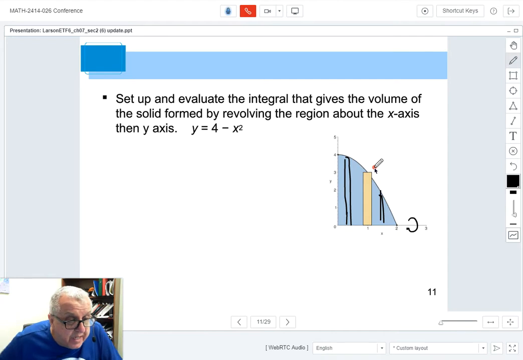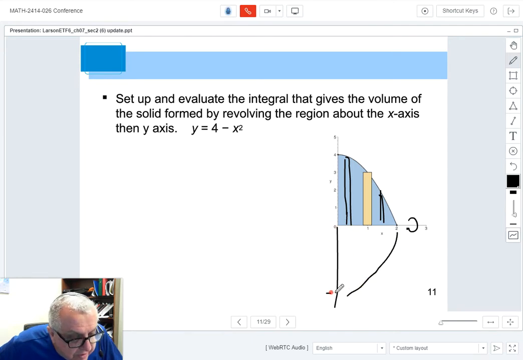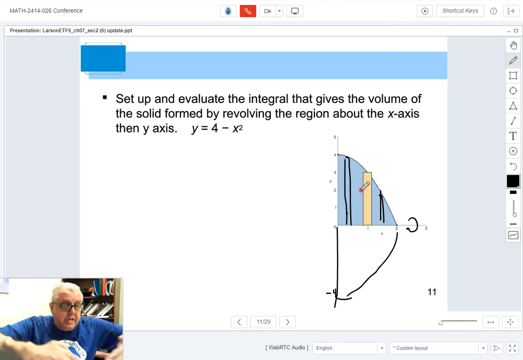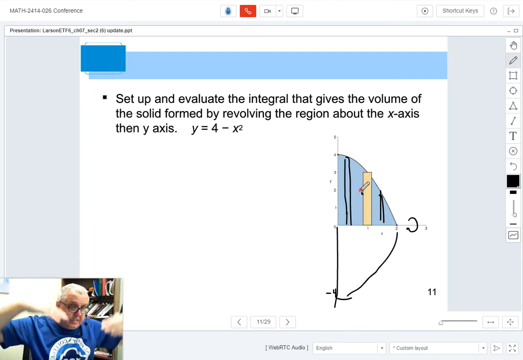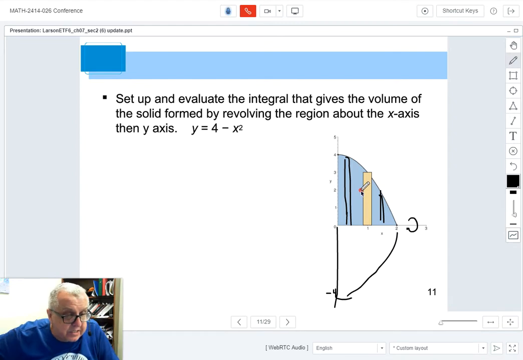So we're going to rotate this shape. Down here, it's going to go down to -4. We're going to rotate this shape, and it'll look kind of like that around the x-axis. So we integrate from 0 to 2.